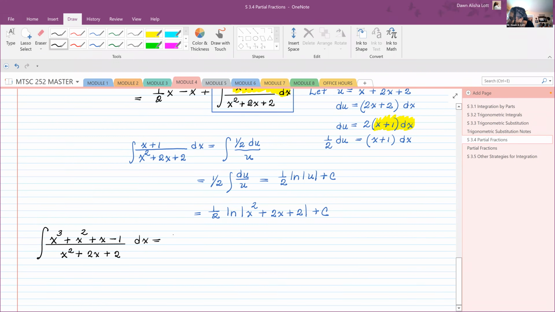We already got the 1/2 x squared, and we already got the negative x. So now I need to add to it 1/2 the log of the absolute value of x squared plus 2x plus 2 plus a constant. Okay, so we have now solved our second problem.